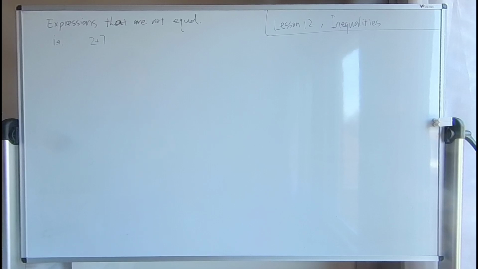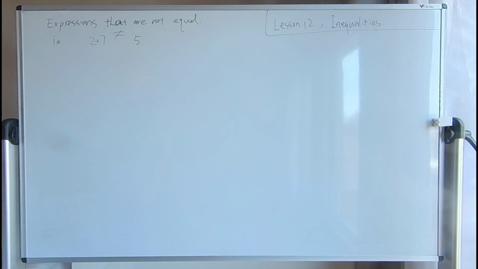It's a constant expression. I have the other expression as just a constant term 5. Apparently, this is 9, this is 5. They are not equal, so I obviously cannot build an equation around that. So how can I express or indicate the relationship between these two expressions?